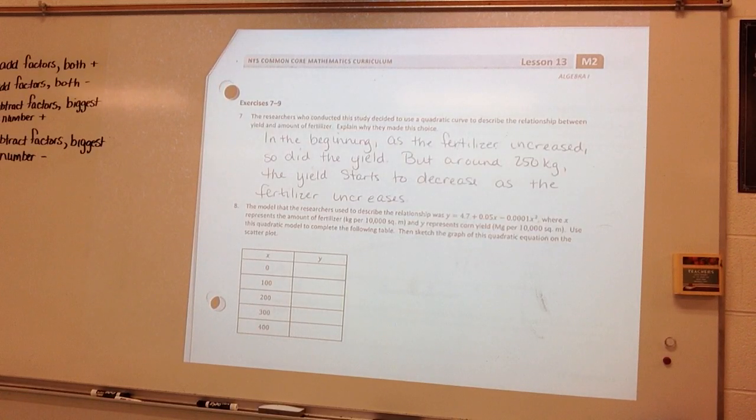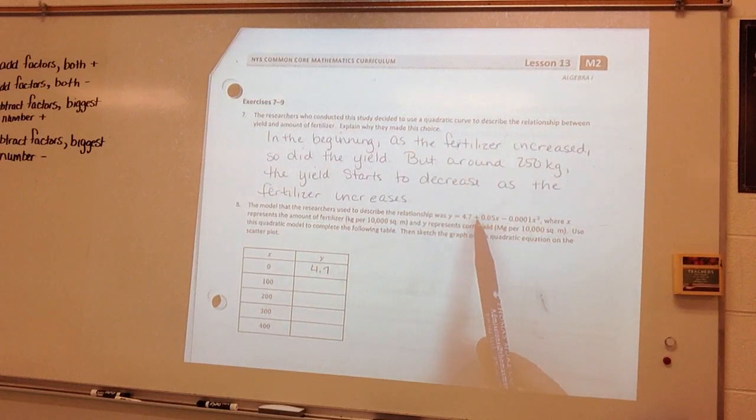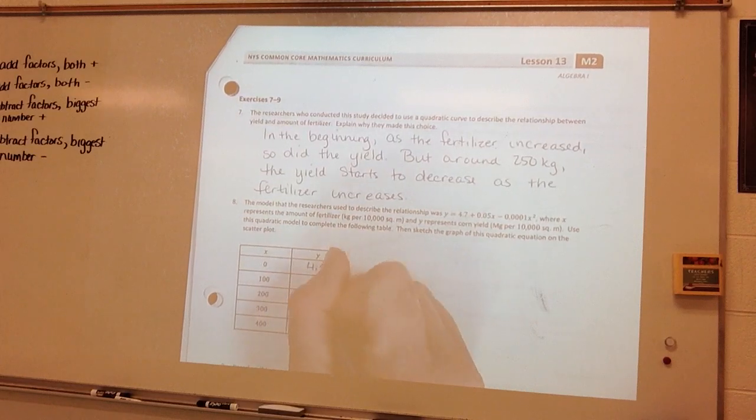As we enter this into the calculator, I'm going to let x equal 0. Well, if I let x equal 0, then all I'm going to get is 4 7/10. All I'm doing is plugging 0 in for x here. If I plug 100 in, let's see what I get. I get 8 7/10.